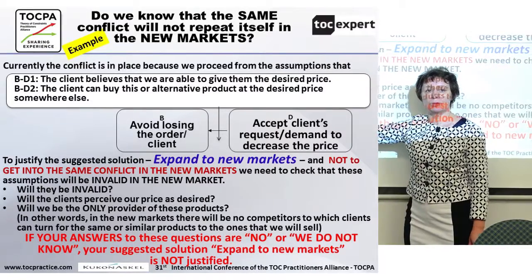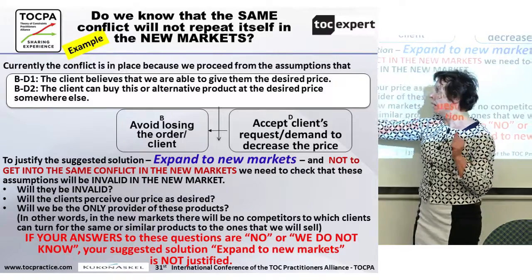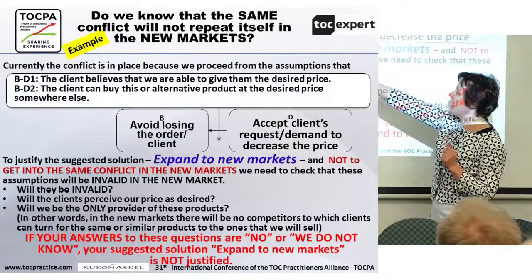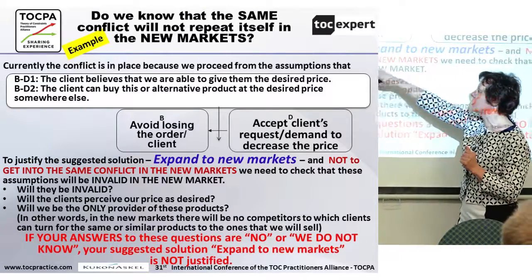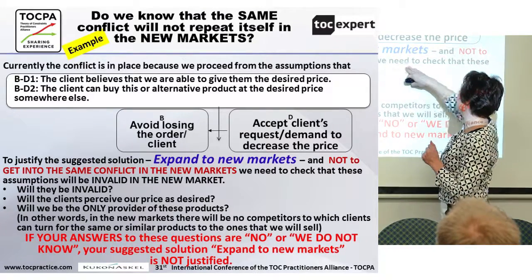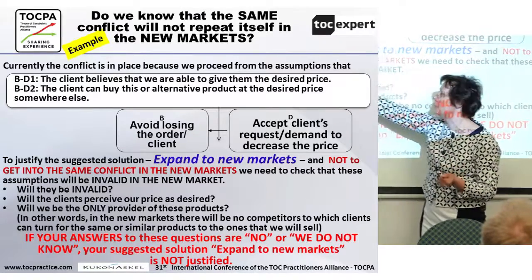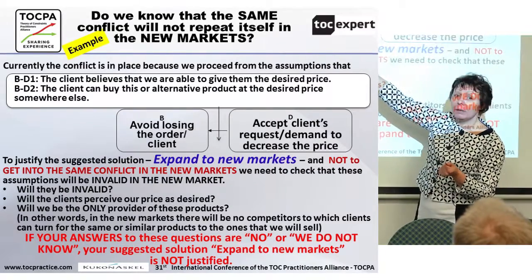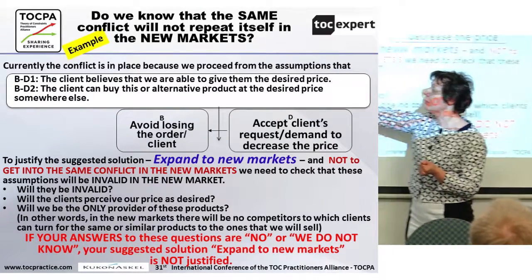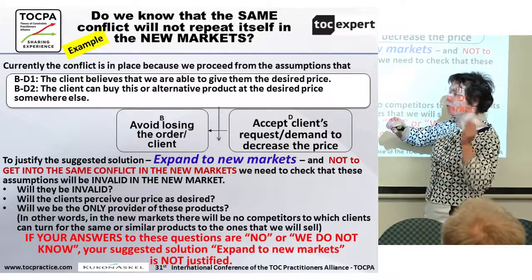There were assumptions based on which the whole conflict was in place. To justify the suggested solution, expand to new markets, and not to get into the same conflict in the new markets, we need to check that these assumptions will be invalid in the new market. Will the clients perceive our prices as desired in the new market?